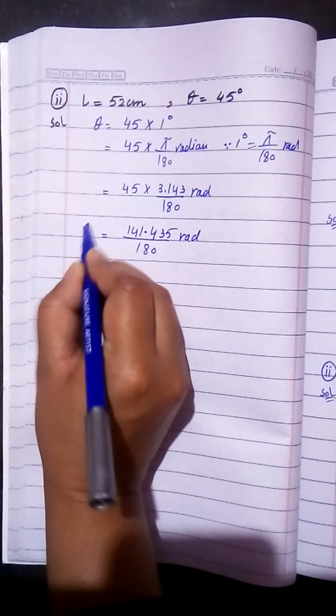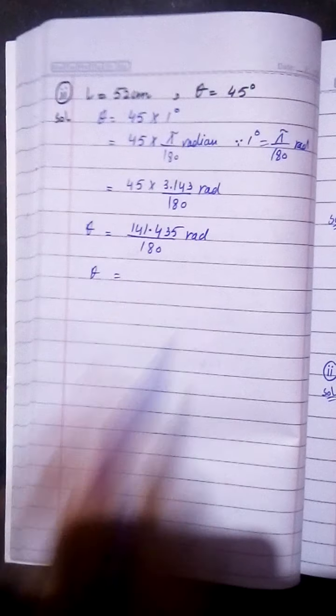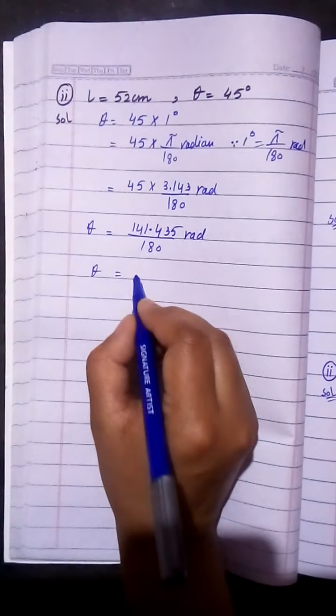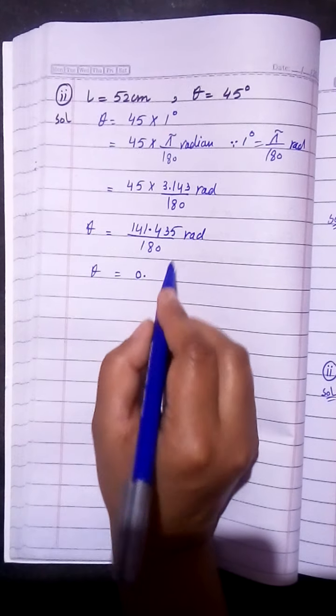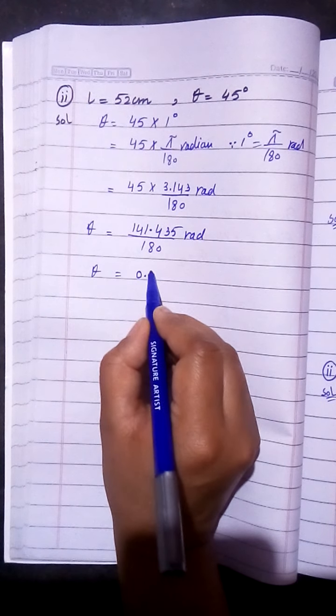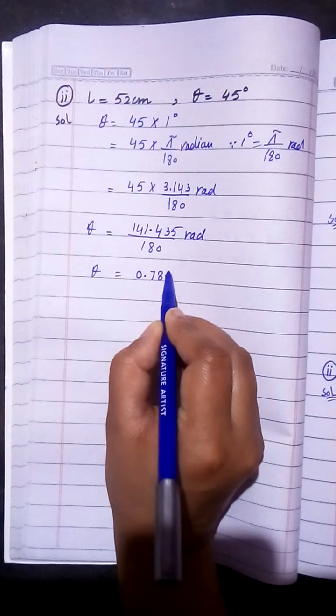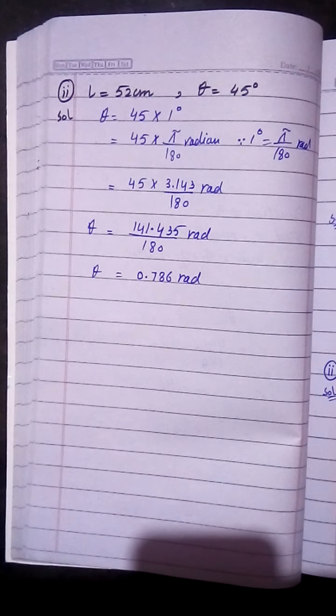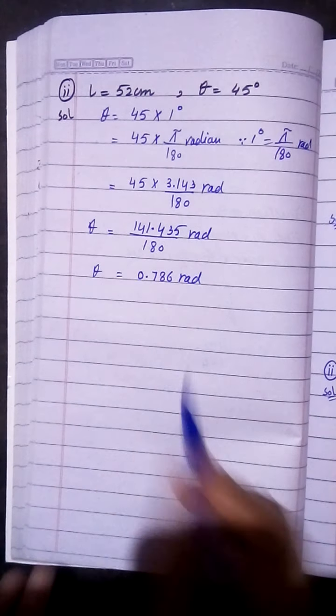So theta equals, after dividing by 180, 0.786 radian. Now check that you have converted degree into radian. So theta is in the form of radian.